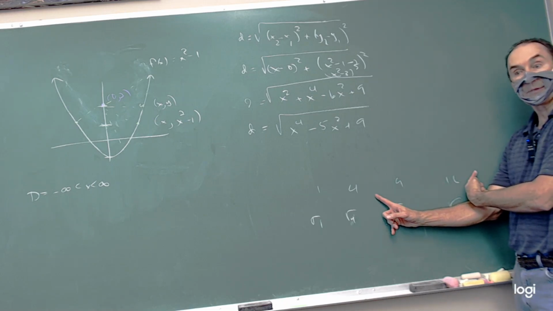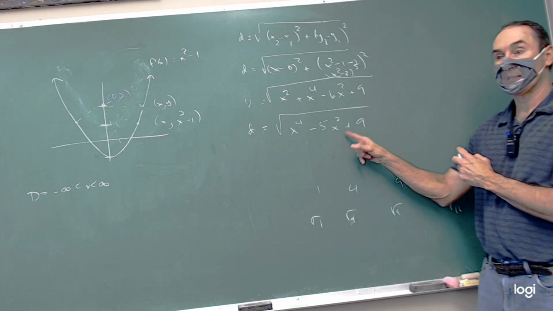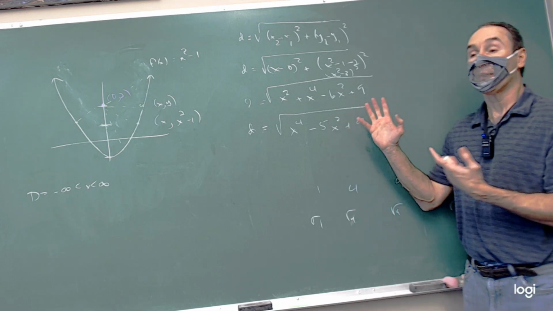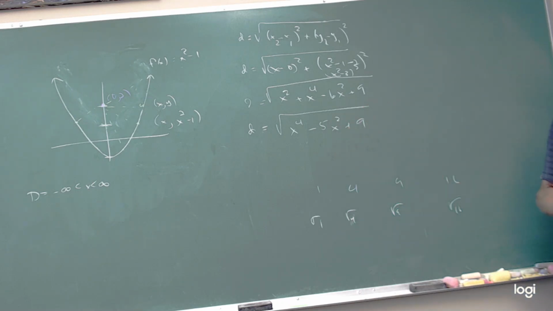Does that make sense? So the value of x that makes this the smallest is the same value of x that will make this without the radical. And it's way easier to work with it without the radical. But you have to say that.